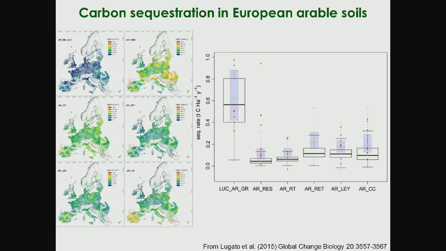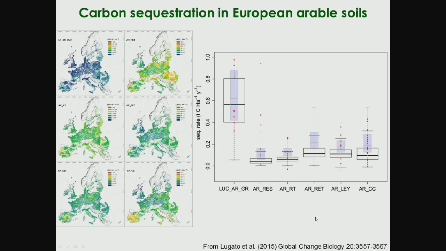But of course, we can't completely revert all our arable land in Europe to grassland, because we need food to be produced to feed the population of Europe. But perhaps where some of that arable land is less productive, there is scope to consider the land use of that land and potentially improve some of the carbon loss from some of that arable land.